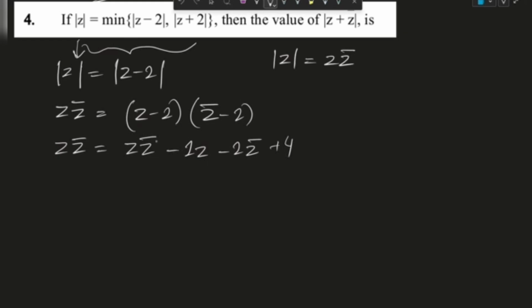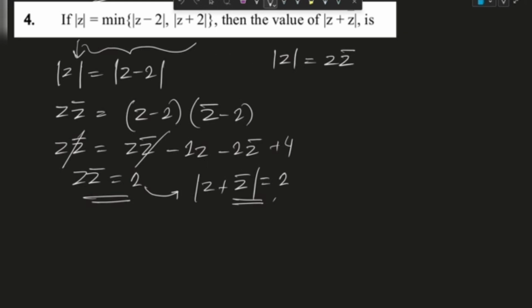So basically z z conjugate gets cancelled, and now if we take this to this side, this will come out to be z plus z conjugate equal to 2.